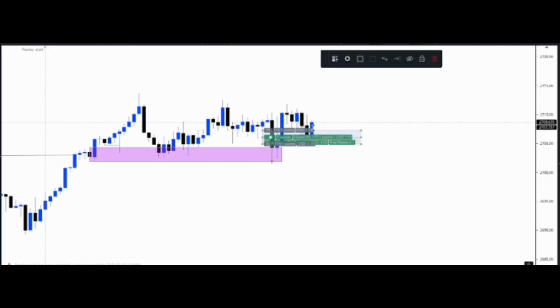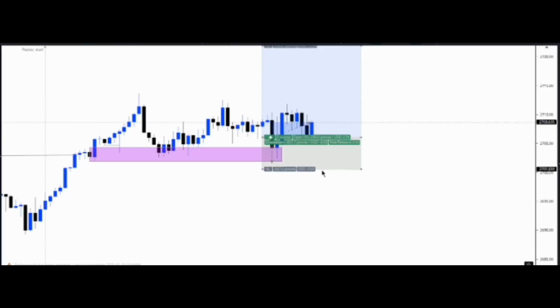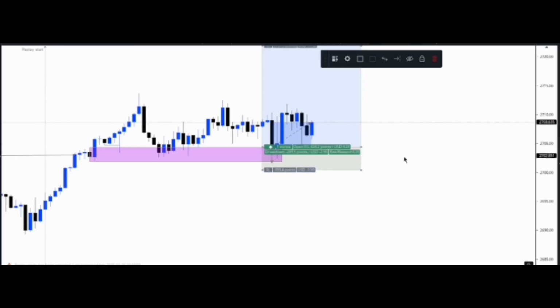Okay, and our TP is where? We need to find out where our TP is, but let's first of all do our stop loss. Let's do our stop loss just below. Give a buffer to your trade. It's a small zone, so give a buffer to your trade.